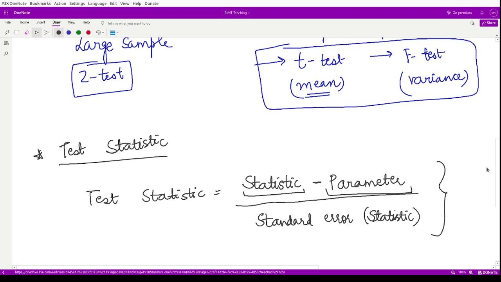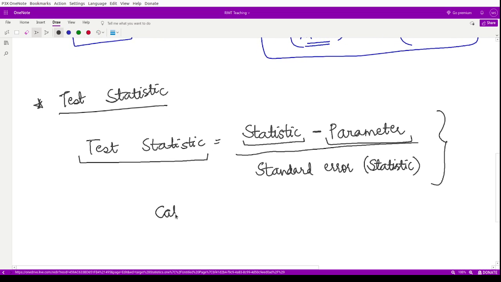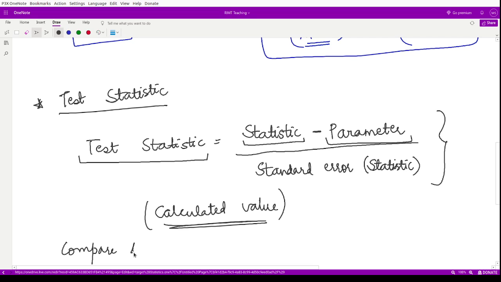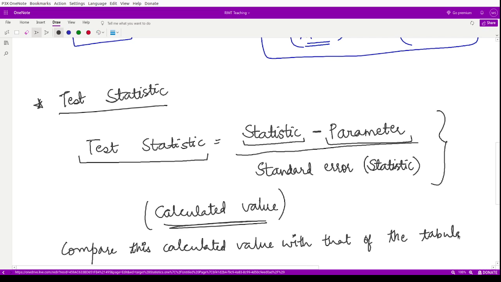What you do with this test statistic is calculate this number, and you call it your calculated value. At the end of your calculation, you compare this calculated value with the tabulated value. What is this tabulated value?